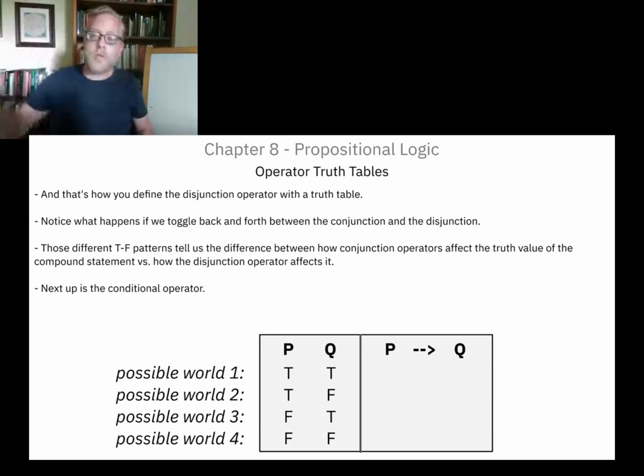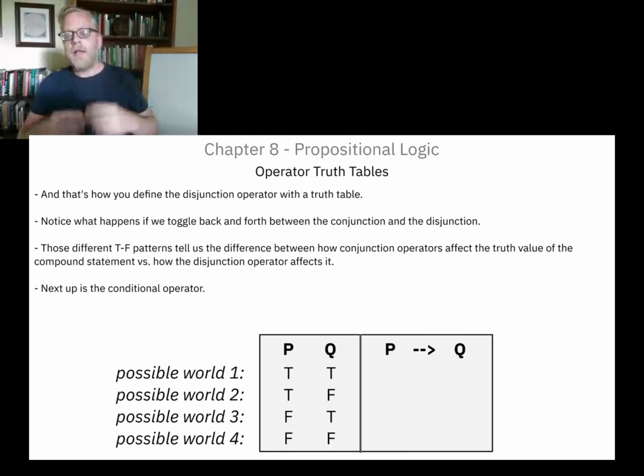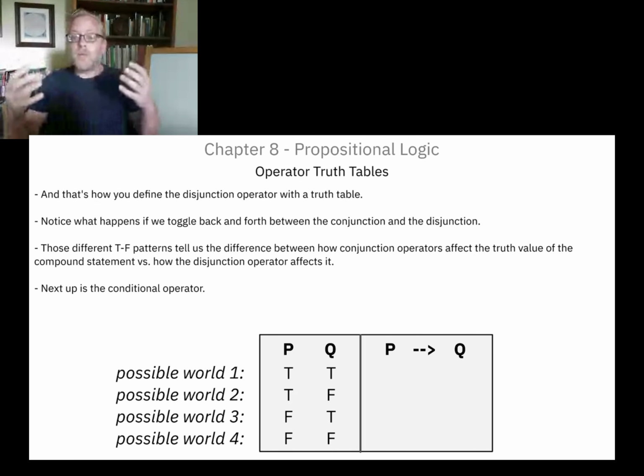Or if someone who's under 21 is drinking a Coke, not beer, they haven't broken the rule. The rule is in effect. The only time that the rule is broken is when you have an underage person drinking beer. And so it just goes to show you that rules generally are true unless they're broken. So we don't have to actually see the pattern. That's that whole thing about confirmation bias and pattern spotting.